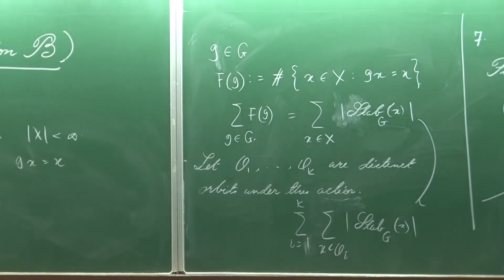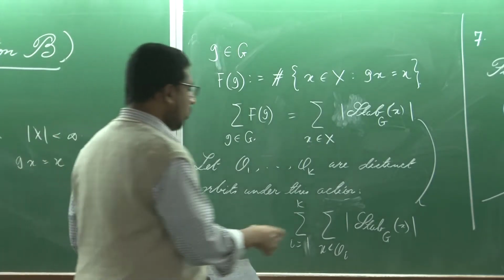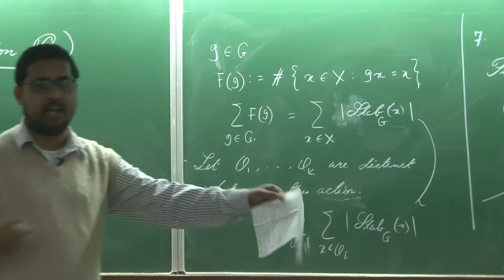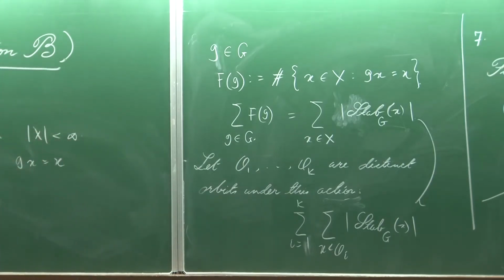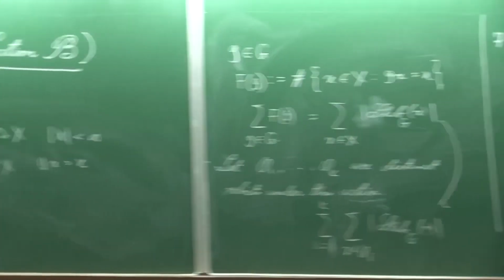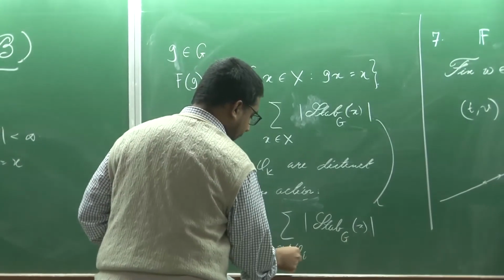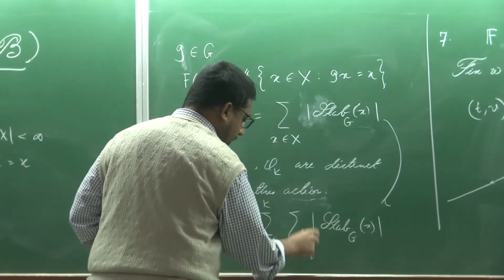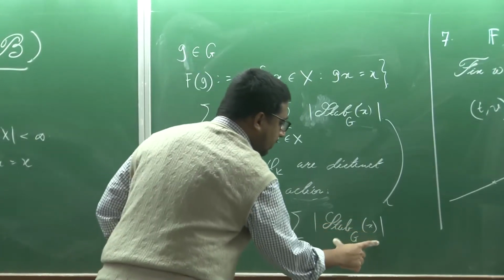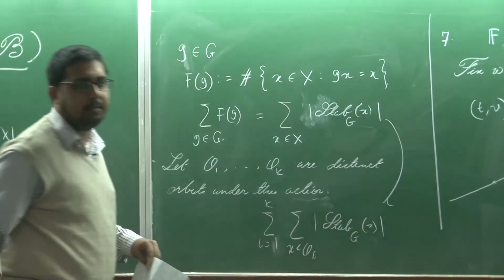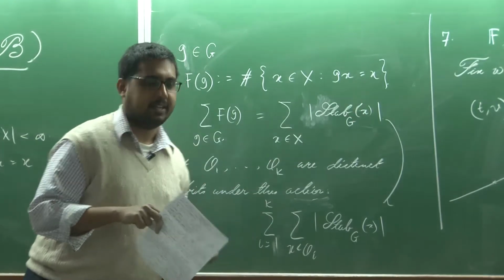Because for every point lying in the same orbit, the order of their stabilizers will be the same. So basically, for order of y number of times, this summand is being repeated.